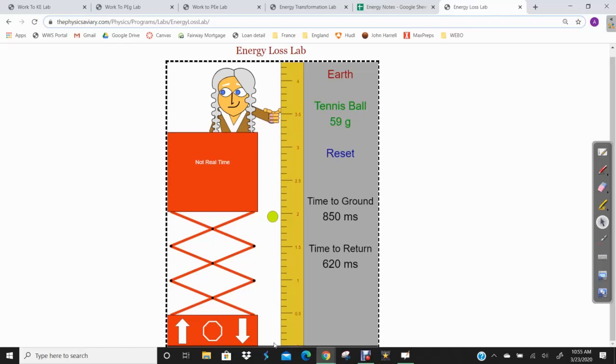And then the elastic energy is transferred back into kinetic and gravitational potential energy as it moves back up. Well, some of that energy is transferred into heat energy or thermal energy that is, in quotations, lost from the system. But really it's just transferred from one type to another.